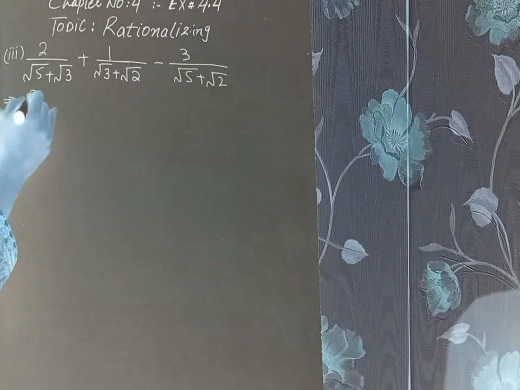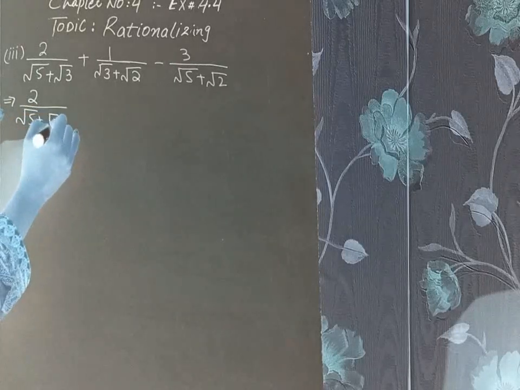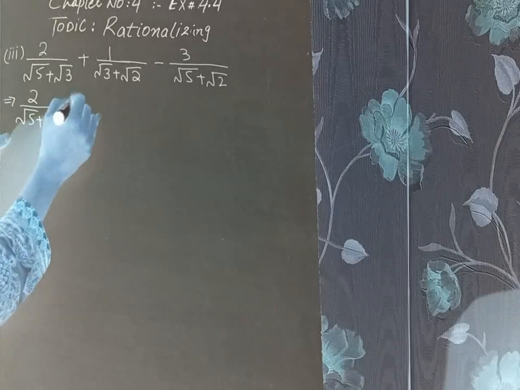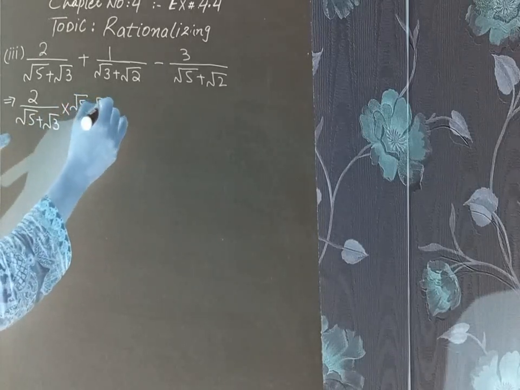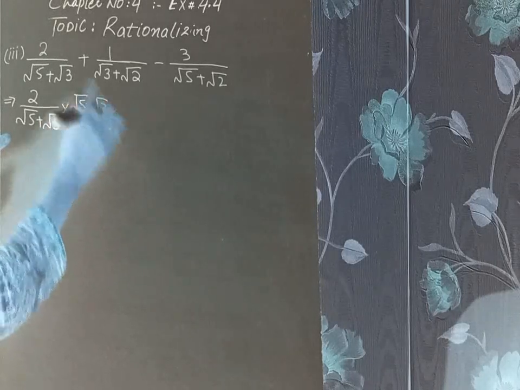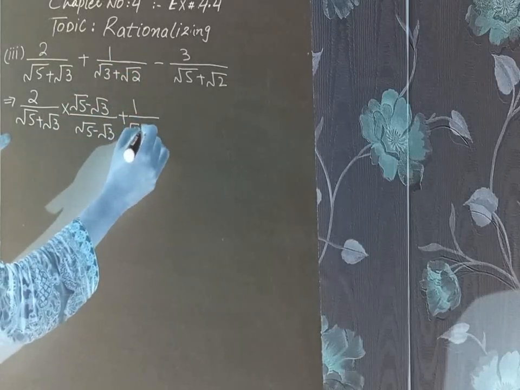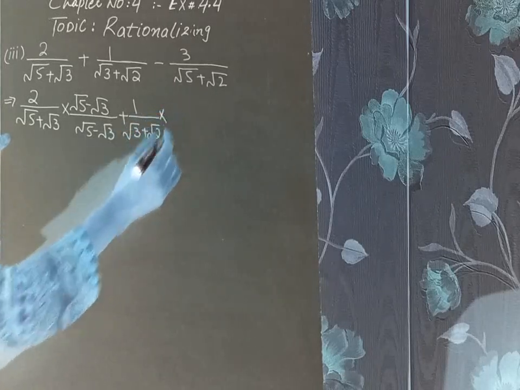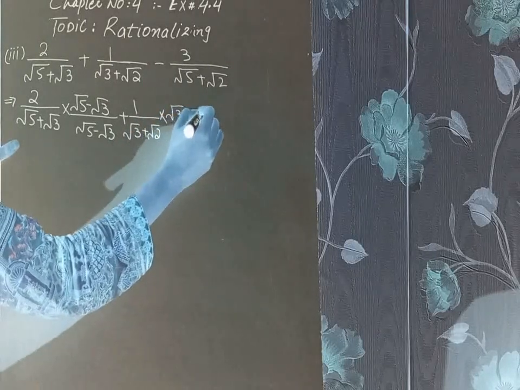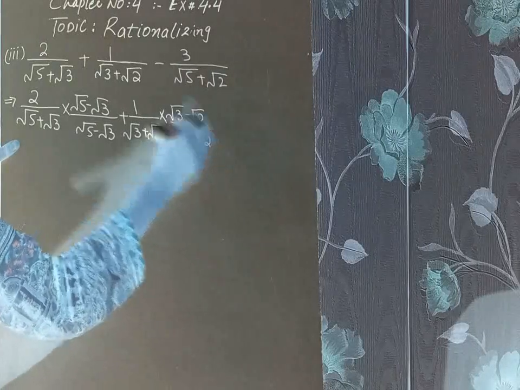In the same way, 2 by √5 plus √3, multiply and divide by the conjugate of this, that is √5 minus √3 divided by √5 minus √3. Then there is plus 1 over √3 plus √2, multiplied by the conjugate of this and divide by the conjugate, √3 minus √2 over √3 minus √2.